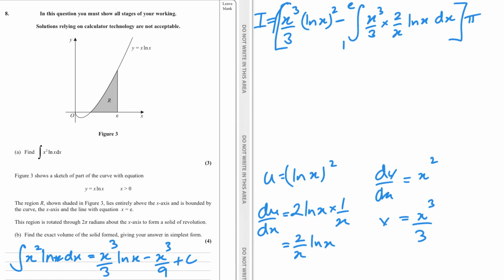Okay, so I'm just actually going to put curved brackets in at the moment.